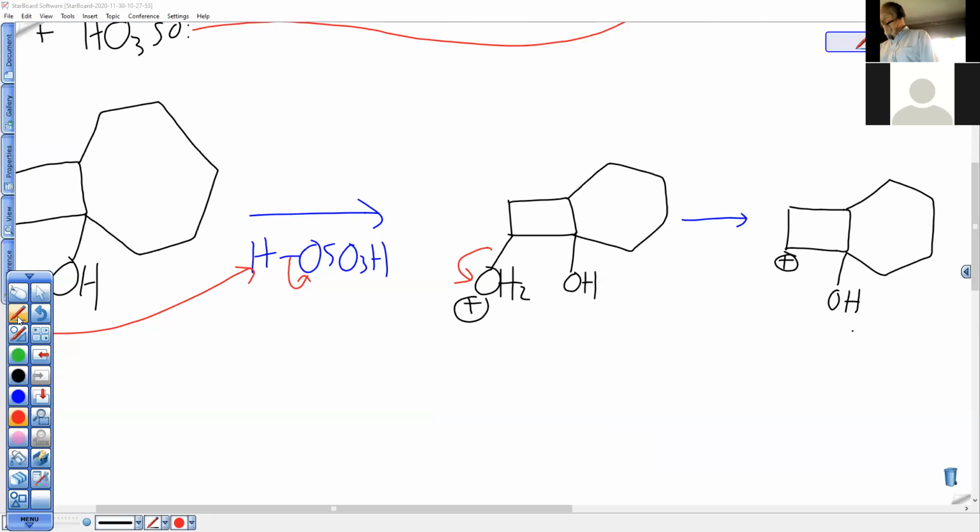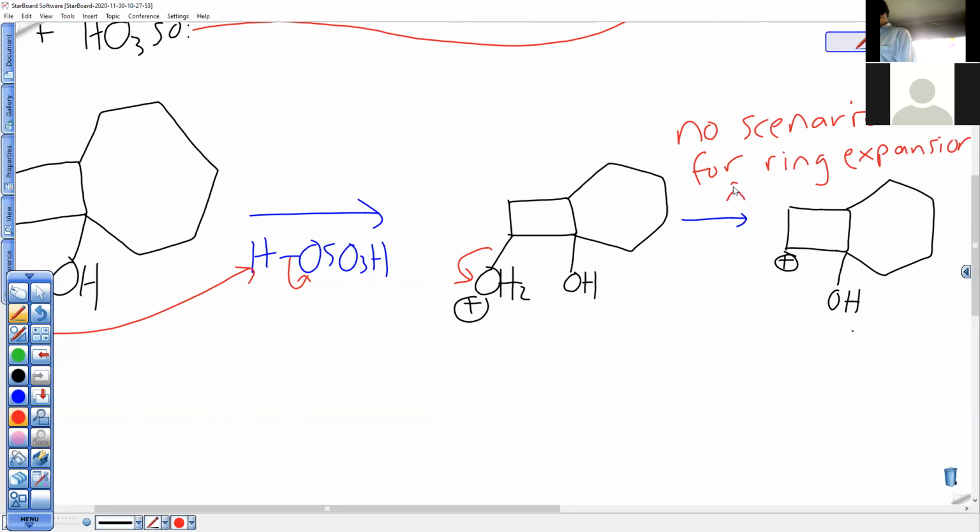I don't see it. I picked a bad example. No scenario for ring expansion. Which is good. It makes our day a little shorter.